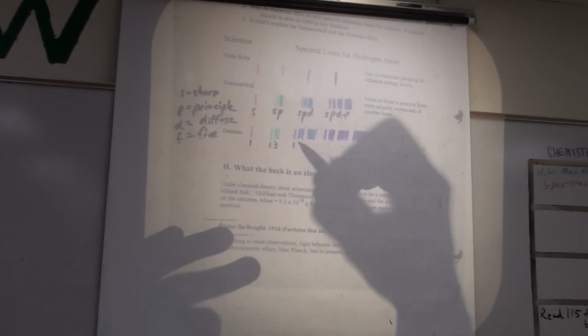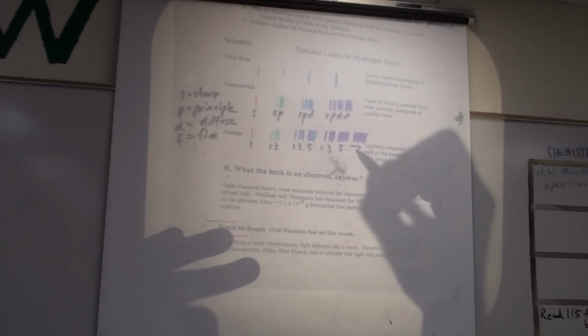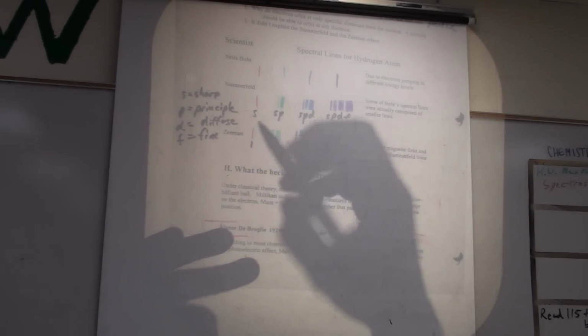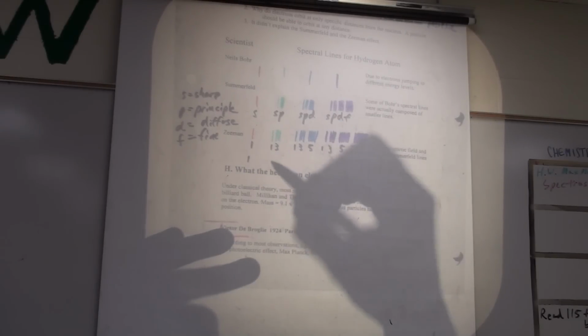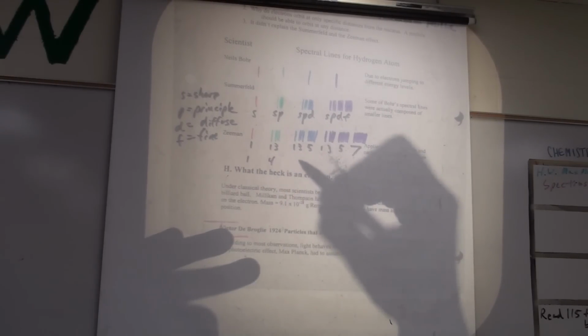And then scientists, Logan, look for patterns, right? So 1, 1, 3, 1, 3, 5, 1, 3, 5, 7. And the total number of lines here, Shannon, are 1, 4, 9, 16. So what's that pattern there?